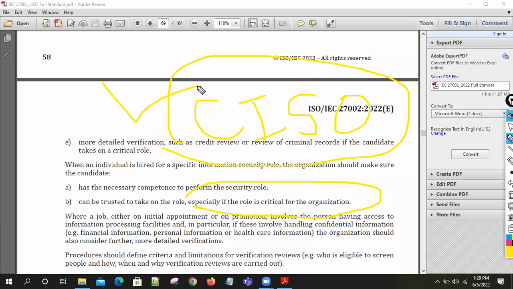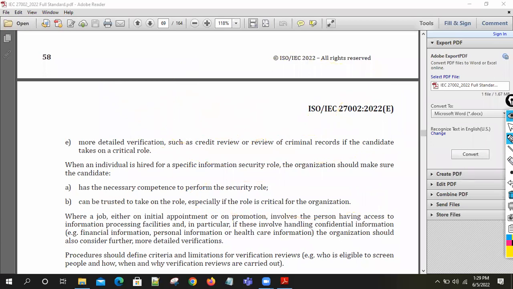You need to go through a tough background verification process. Where a job, either initial appointment or promotion, involves a person having access to information processing facilities, in particular if it involves handling confidential information, then also you need to go through these things.